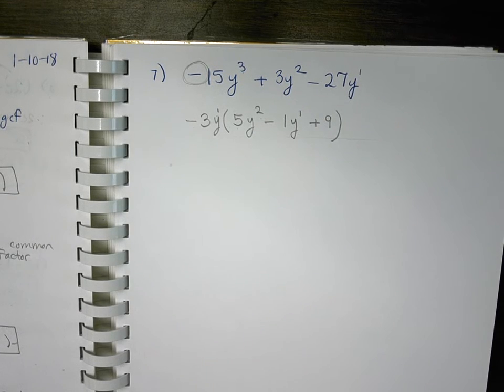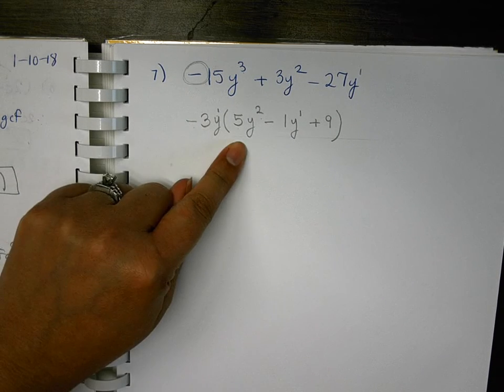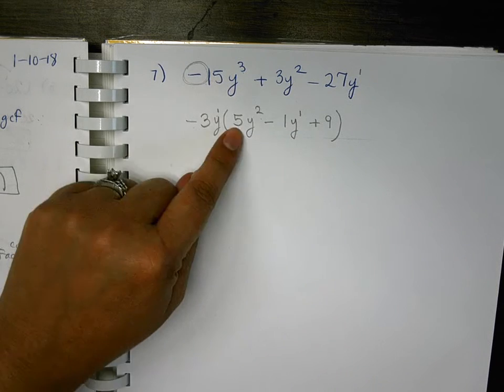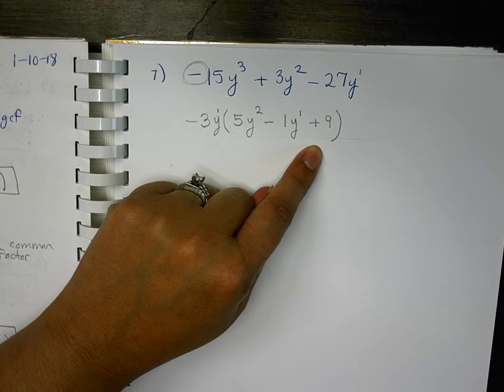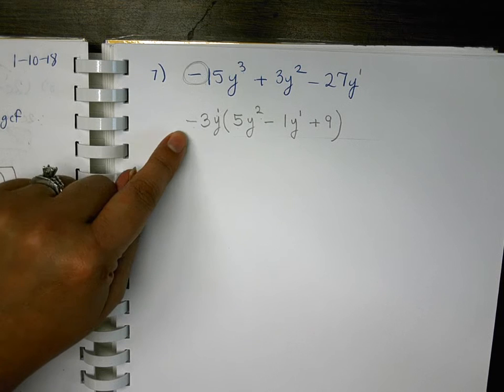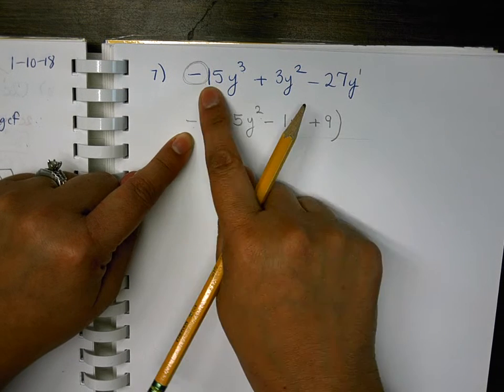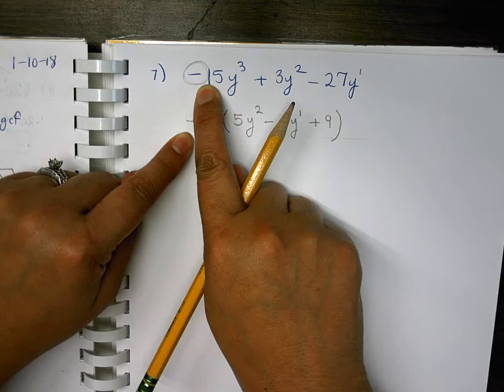Now, what do we notice? A negative became positive, this positive became negative, and this negative became positive. Why did all these signs flip-flop? Why did they all change? Because we pulled out a negative. Whenever you pull out a negative, which you will do when the leading coefficient is negative, all the signs in here change.